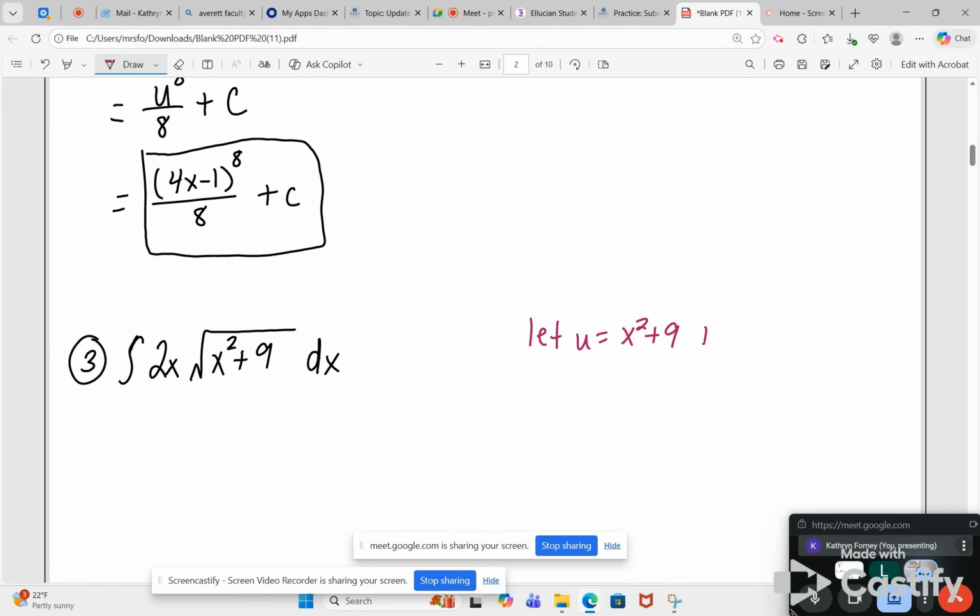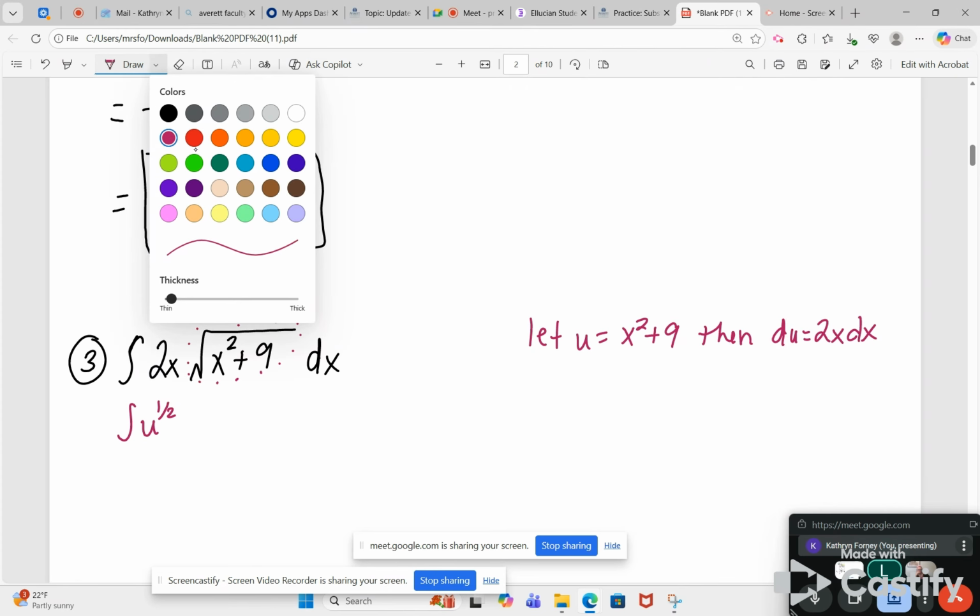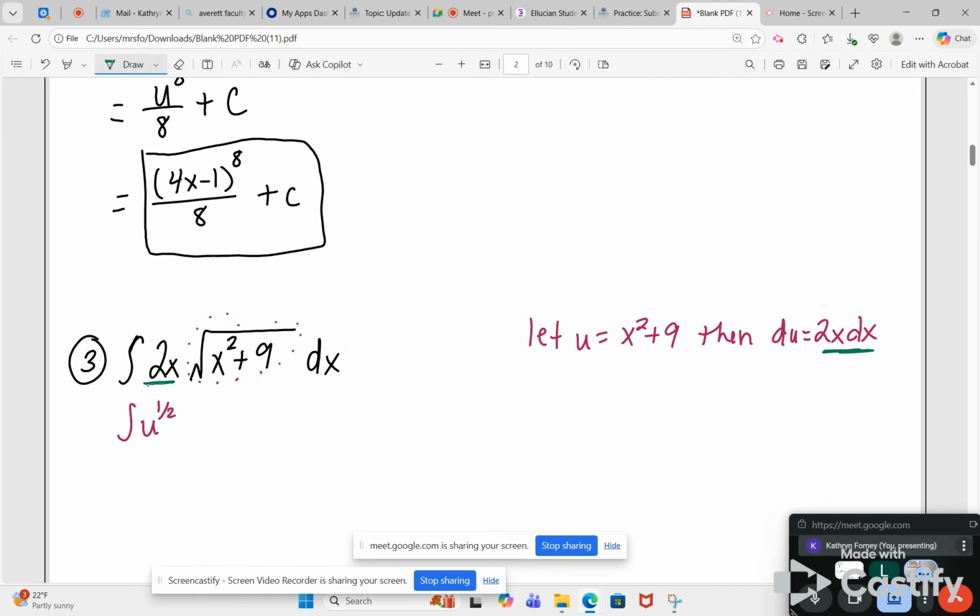So then what is the derivative of u? Fabulous. And so at this point, I have the u to the 1/2 because this is 1/2. And then the 2x dx is du.